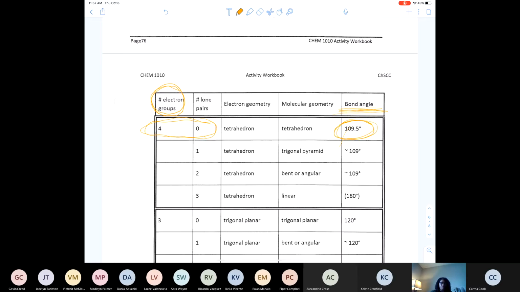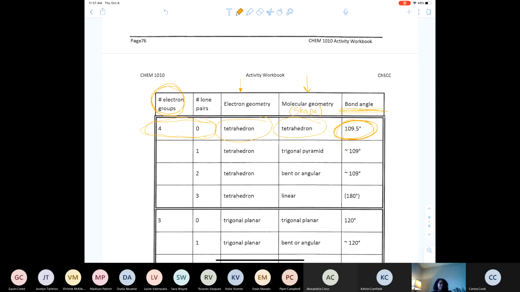So therefore our bond angle is 109.5. Now, during week 9, you'll be asked about methane: what is its electron geometry? Tetrahedron. What is its shape? The shape is also called the molecular geometry, and it's also tetrahedron.